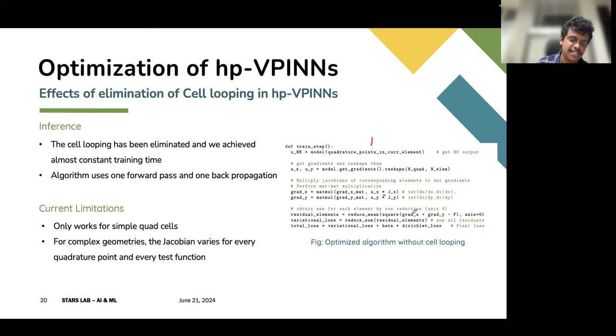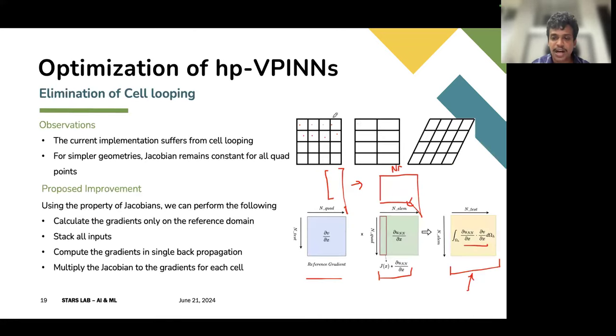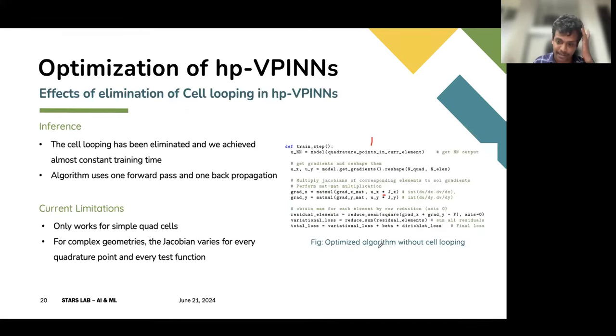But this again does not address one more limitation that we saw before. As I told you, this optimization was possible because we assumed our cells are non-skewed, which have a constant Jacobian across an element. That enables us to convert the reference gradient to an actual gradient for a given cell by just multiplying with the Jacobian vector.